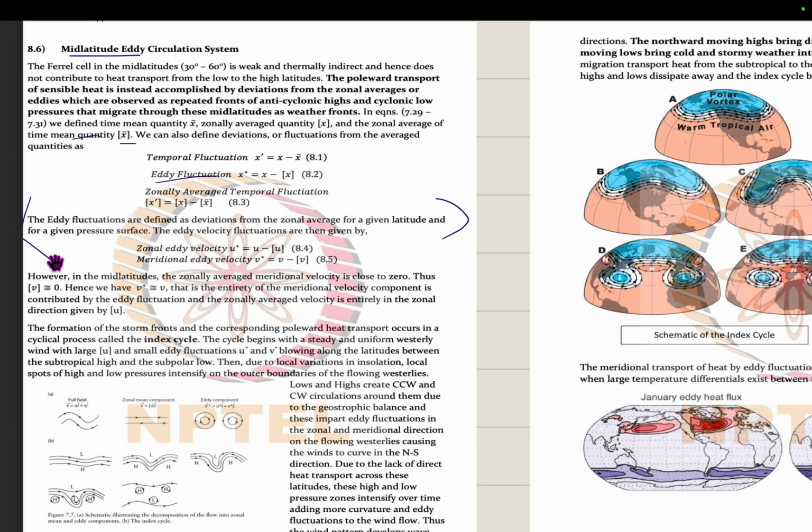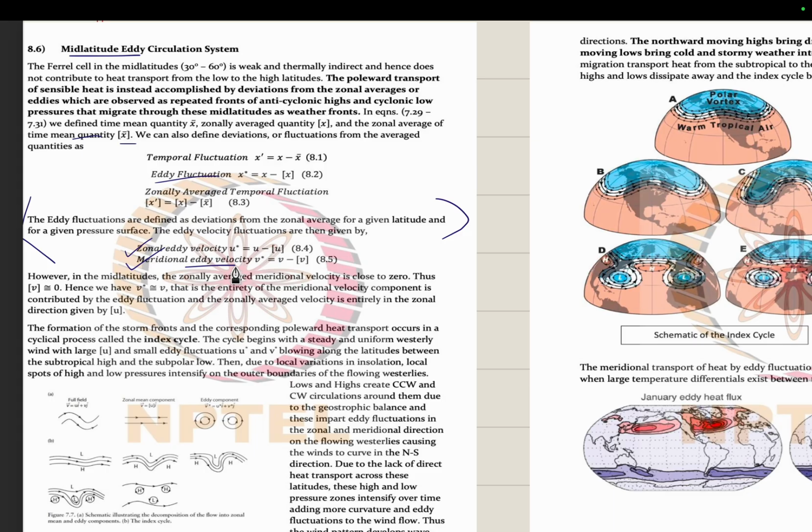The eddy velocity fluctuations are written as follows: the zonal eddy velocity, that is u star equals u minus u bracket, in the zonal direction, that is west to east, and for the meridional direction, from south to north, the eddy velocity is v star, written as v star equals v minus v bracket, where the v bracket is the zonally average quantity. Any bracket quantity is the zonally average quantity, and x, v, or u is any quantity itself.